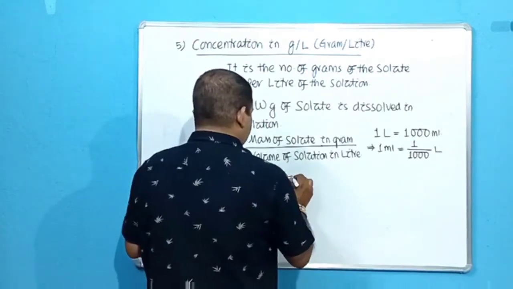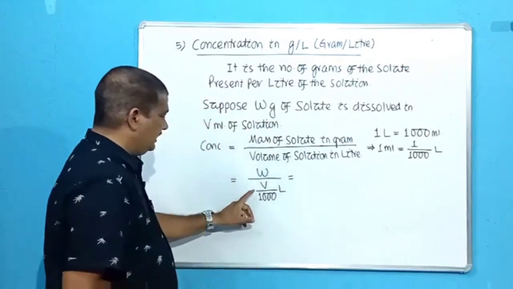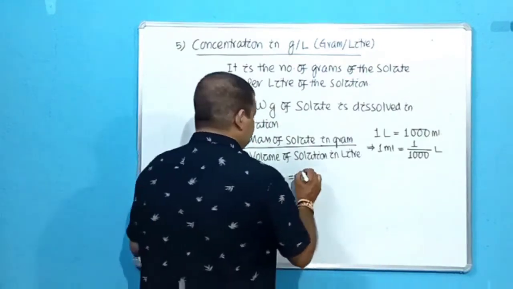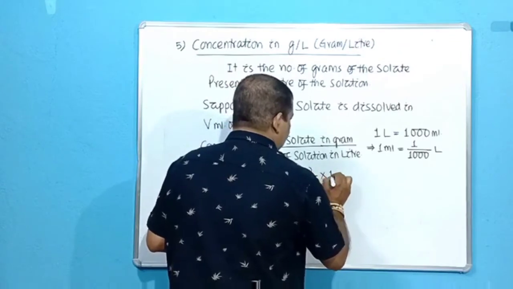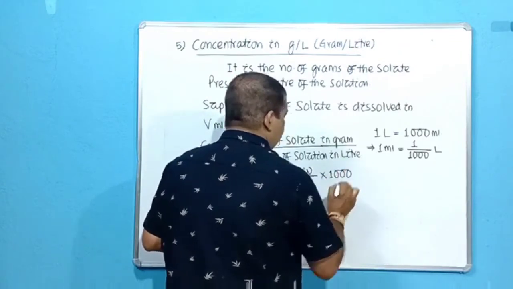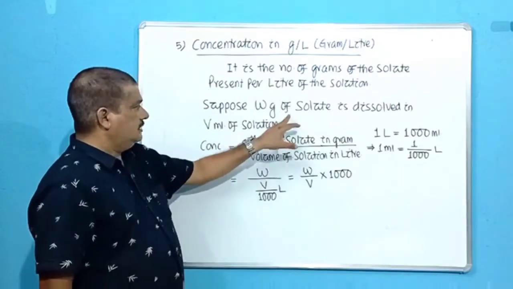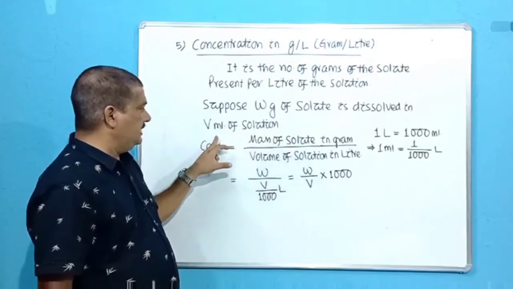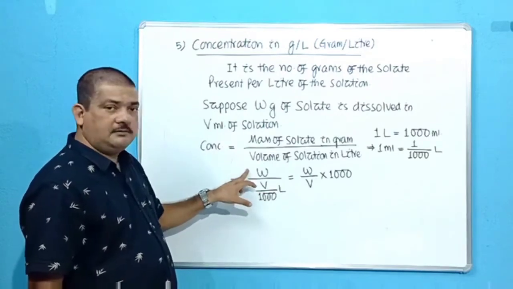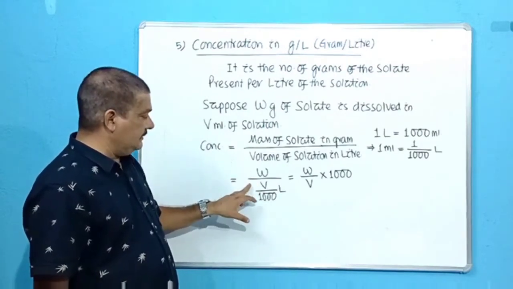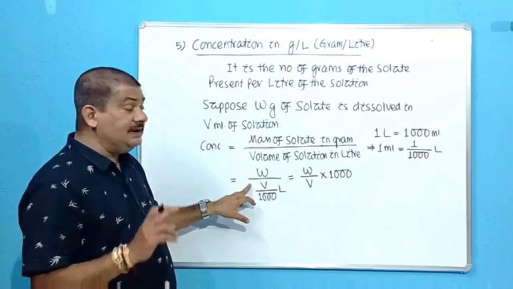So what will happen? Now it will be W by V into 1000. So this is the formula. Suppose W gram of the solute is dissolved in V milliliter of the solution. So what will be the concentration? Now W, mass of the solute in grams, divided by volume of the solution in milliliter.